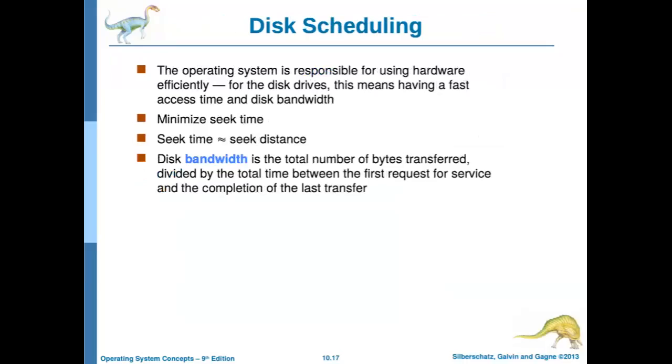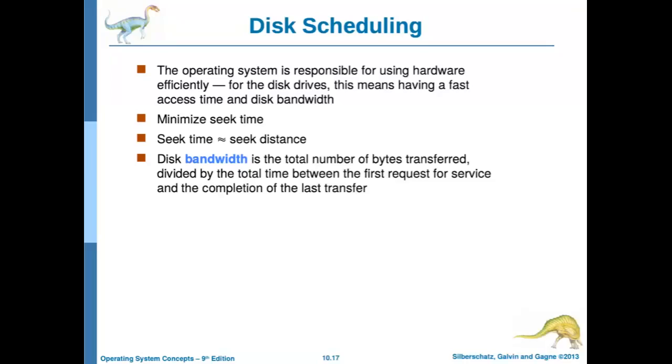Now, irrespective of whatever secondary storage is available with you, the important part is that the operating system is responsible for using your hardware efficiently. If it is a disk drive, that means we need to get fast access time. And in order to get fast access time, we are already aware that we should minimize the seek time.